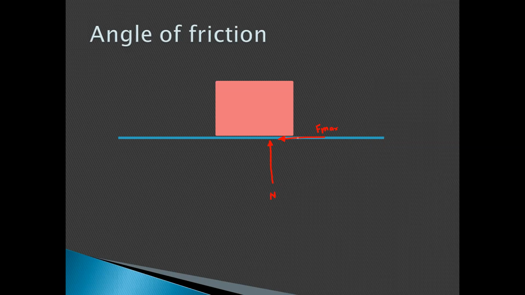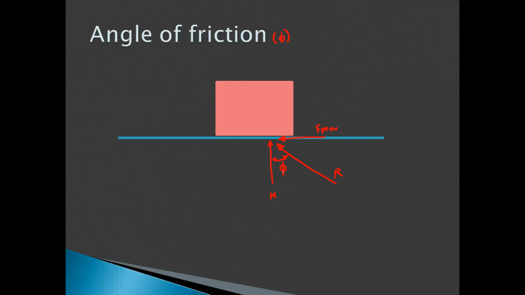So resultant means we have to find the resultant of F max and N. So this is the resultant. The angle made by this resultant with the normal reaction is called the angle of friction, and it is represented as phi.